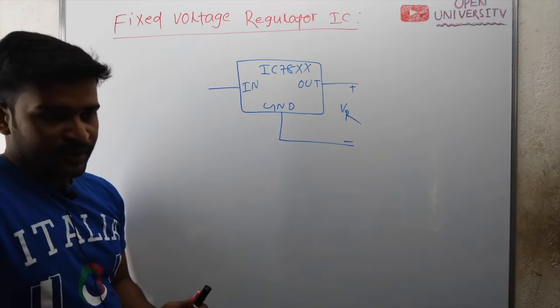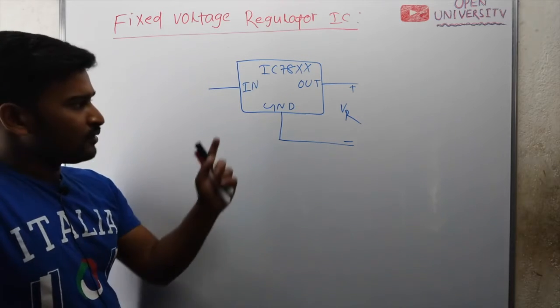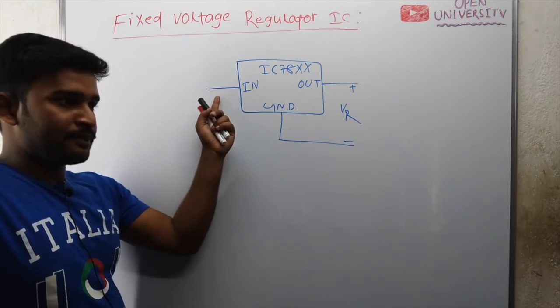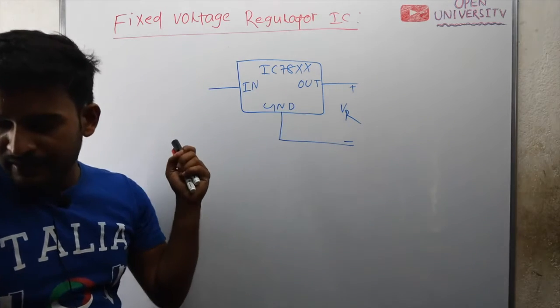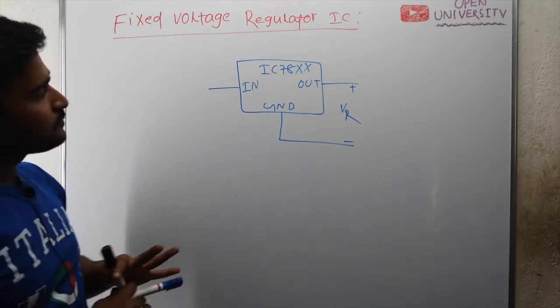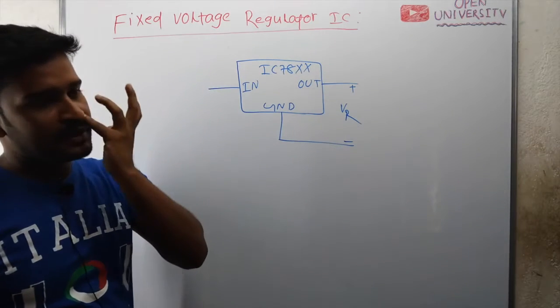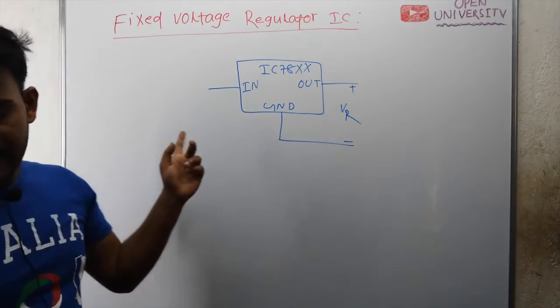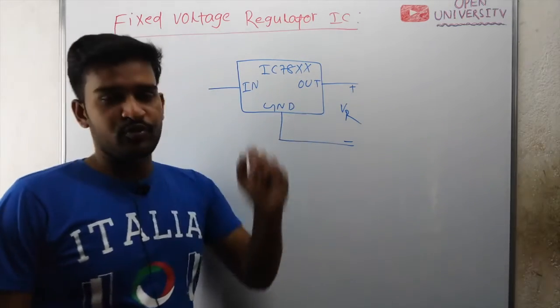For proper operation, the voltage applied at input pin IN, which is your input pin, should be at least 2 volt greater than the output pin.